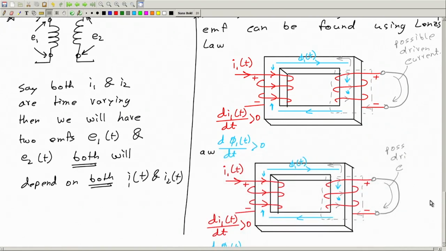Okay, so now what I will do, I will change the direction of the winding here. So this time I will take the winding in the opposite direction. It will go from the back and then like this.